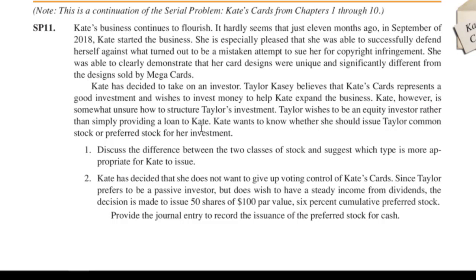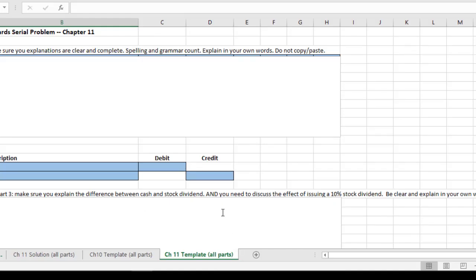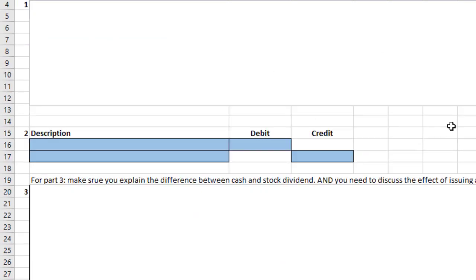There are different kinds of stock that could be provided if another institution becomes an investor, meaning they buy stock in the company. So the first question is to discuss the difference between the two classes of stock. Looking at the template, that's what number one is: discuss the different kinds of stock.